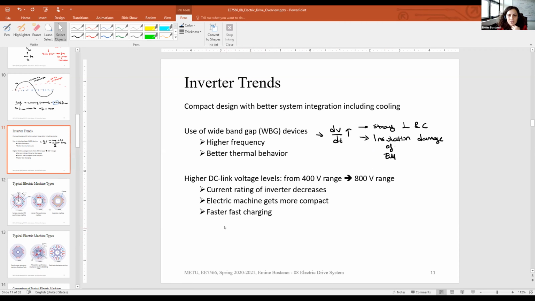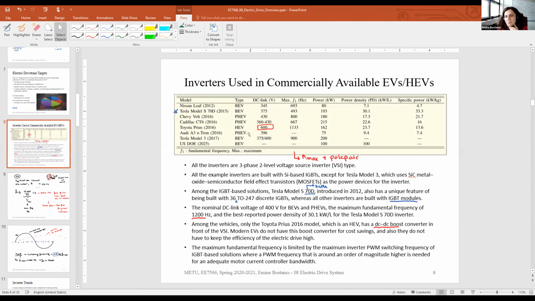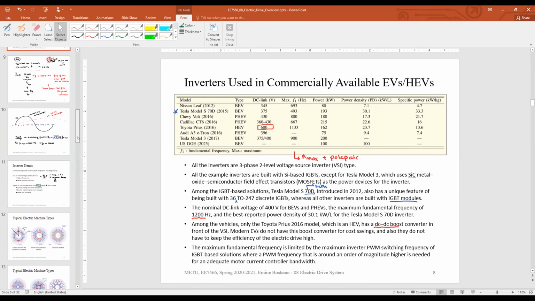So, okay, before we continue, why do we have 400 volts? Is it by luck? Why do all of them choose a 400 volt DC link voltage? Rectified line voltage.